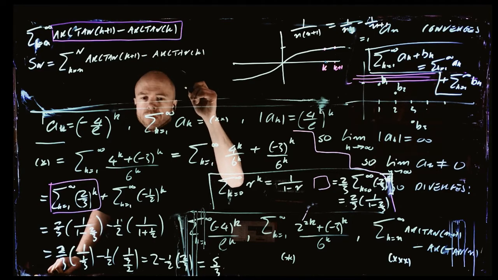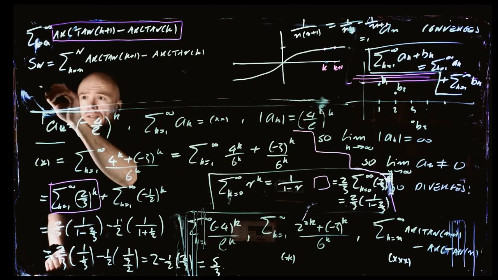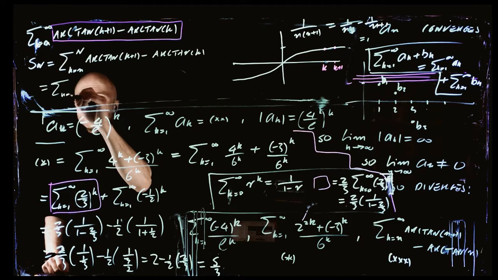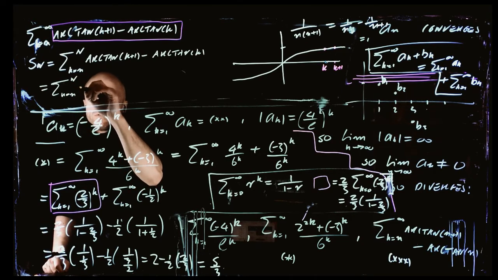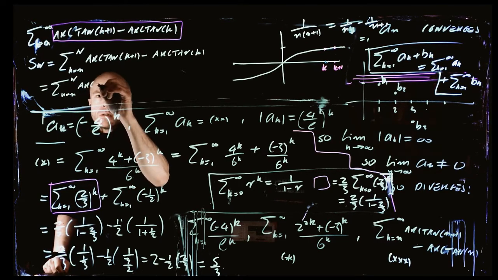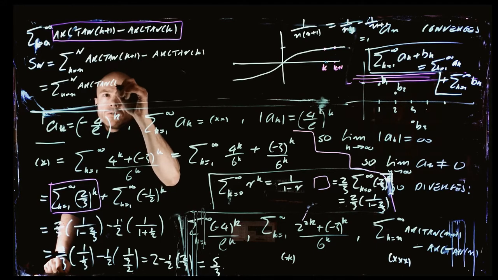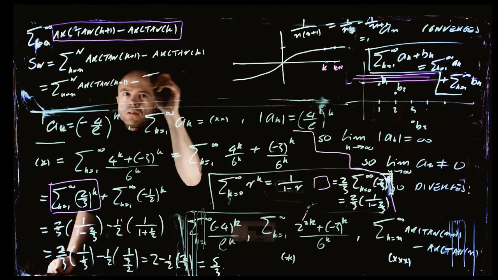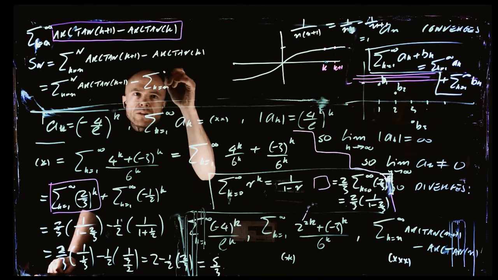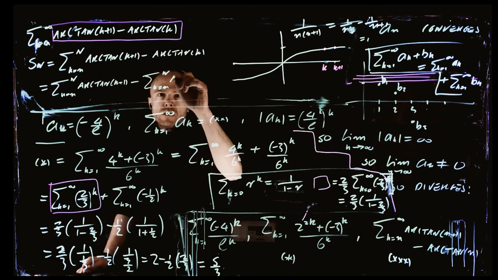And then we break up the sum. So that's the sum from k equals n to capital N of arctan of k plus 1 minus the sum from k equals n to capital N of arctan of k.